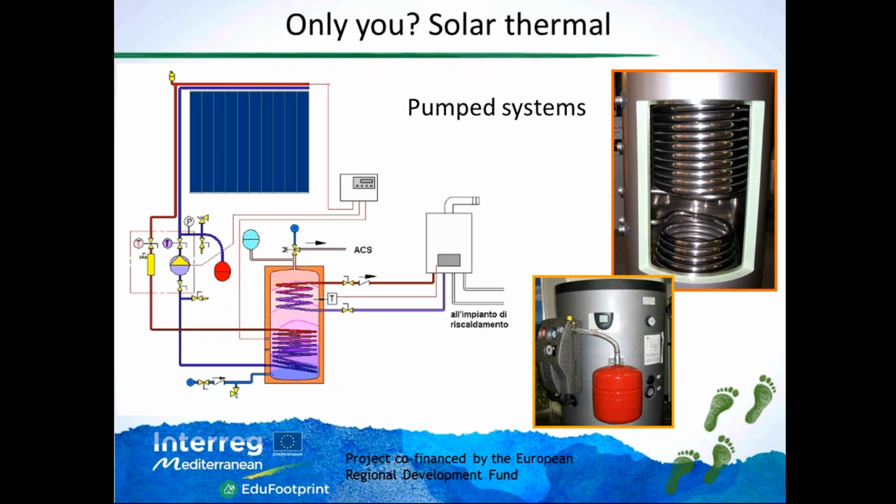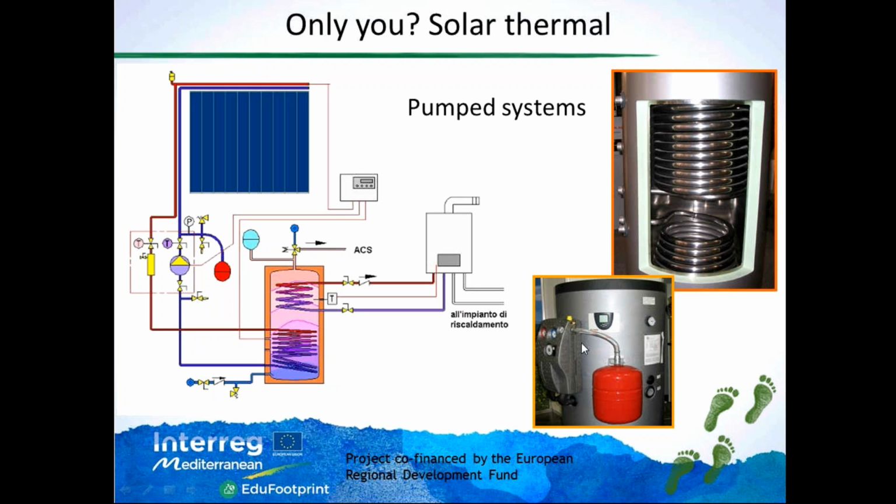This is happening automatically, so the boiler is not turning on because the temperature reached by the storage, thanks to the heat produced by the solar thermal, is enough to feed the user with domestic hot water. So you see here how this is in reality. You see here on the right a photo of two heat exchangers, serpentine heat exchanger storage.